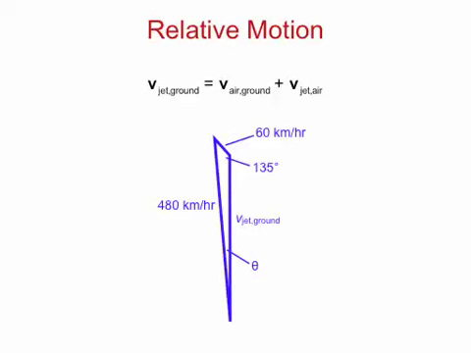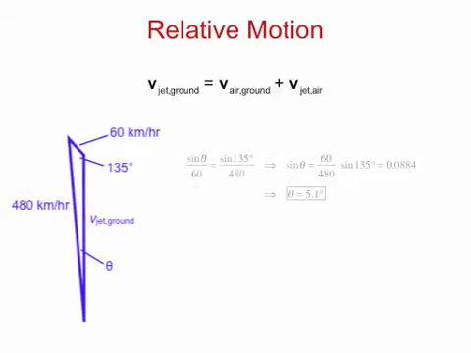Now we have enough information in the figure to compute the unknown angle theta. We use the law of sines. In particular, the sine of theta divided by the length of its opposite side, 60, is equal to the sine of 135 degrees divided by the length of its opposite side, 480.